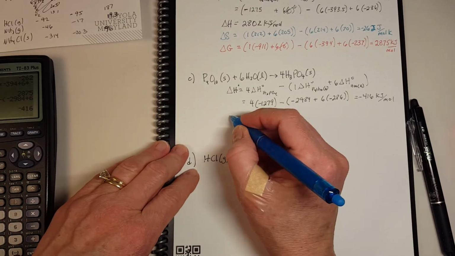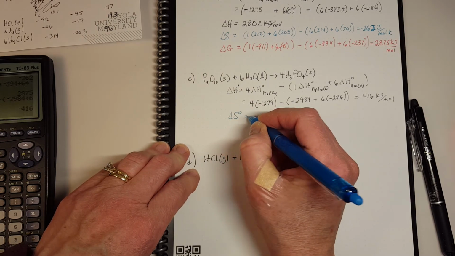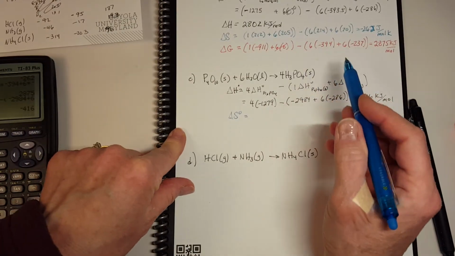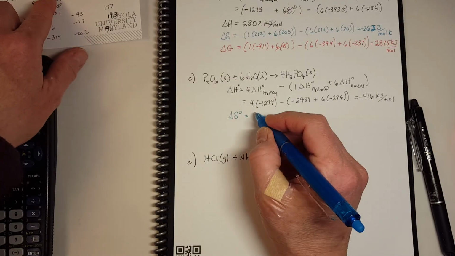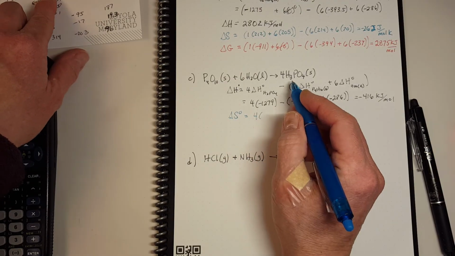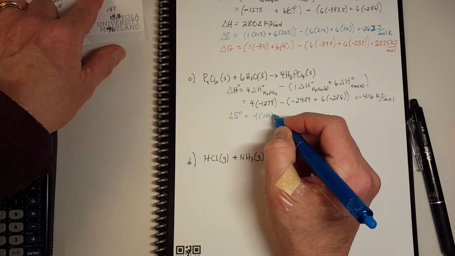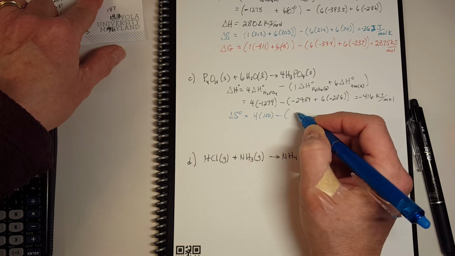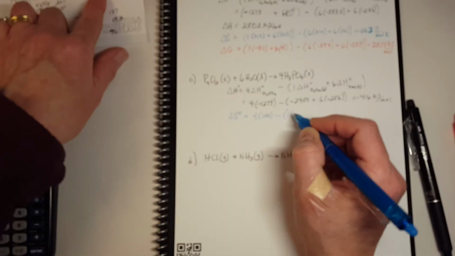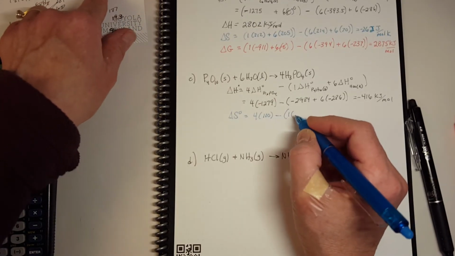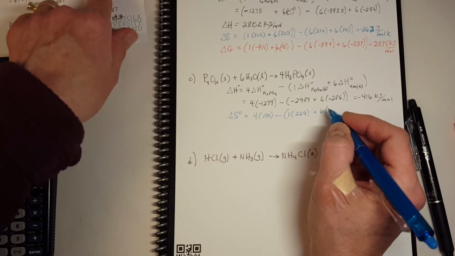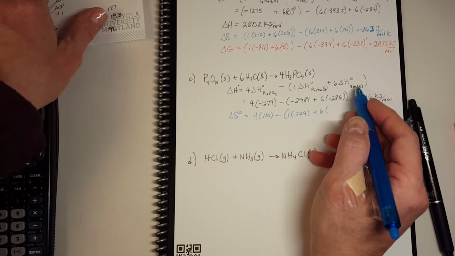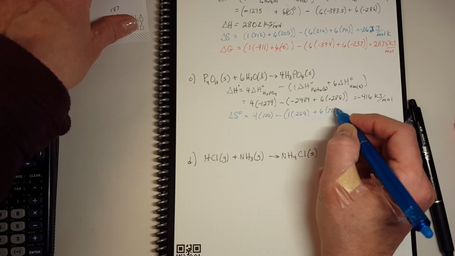Then we'll do the delta S, standard state, and that's going to equal the S of the products. So 4 times the S of the H3PO4, which is 110, minus, in parentheses, 1 times the S of the P4H10, which is 229, plus 6 times the S of the H2O liquid, which is 70.